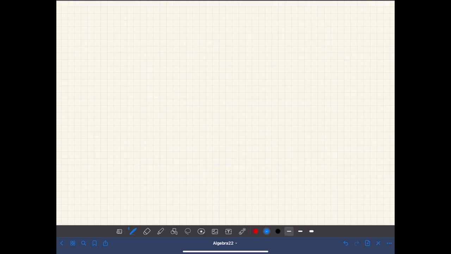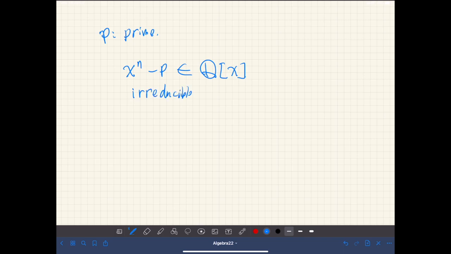First example, let p be a prime number. Then the polynomial x to the power of n minus p is irreducible. So this is a polynomial with rational coefficients. To be more explicit, the coefficient of the zeroth order term is p.